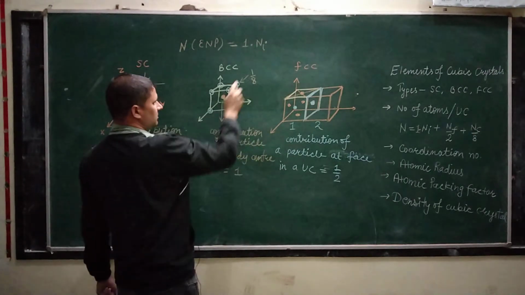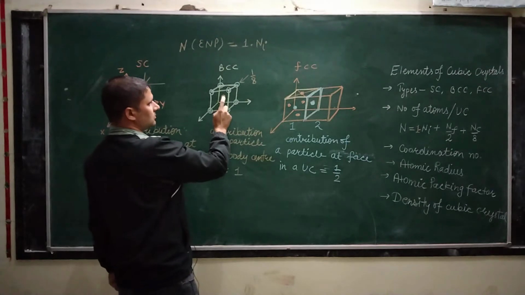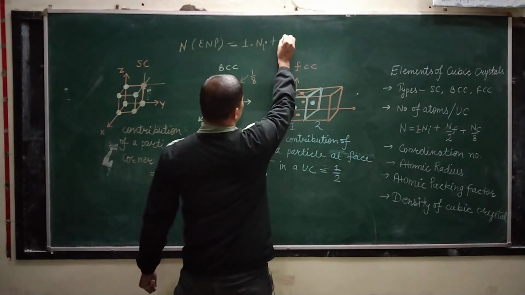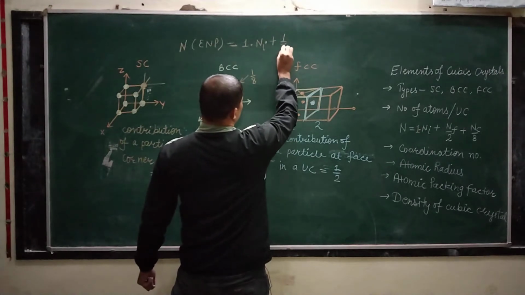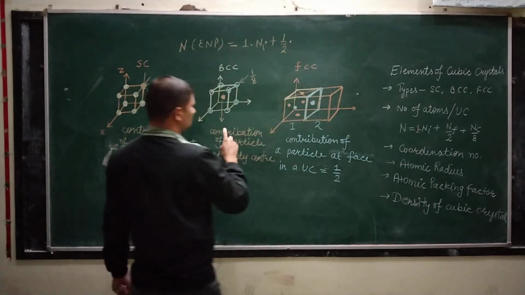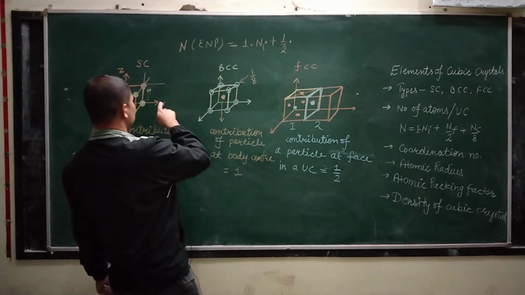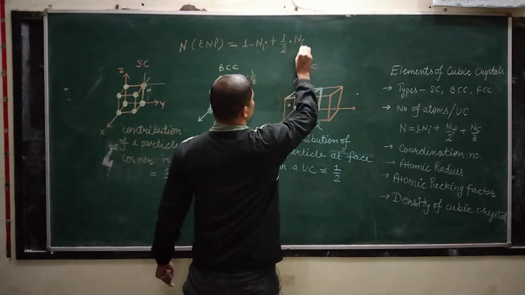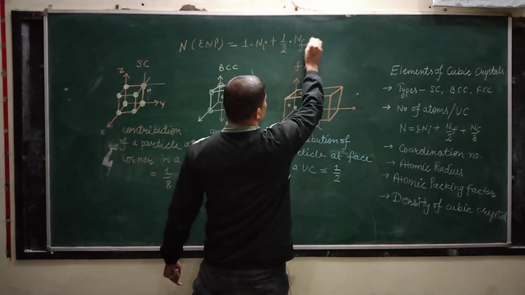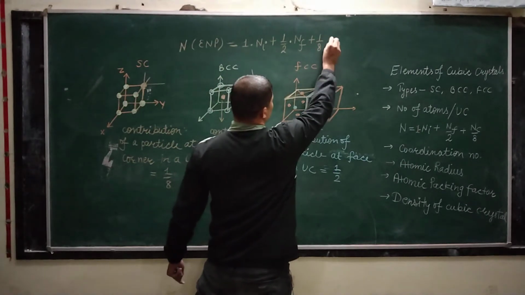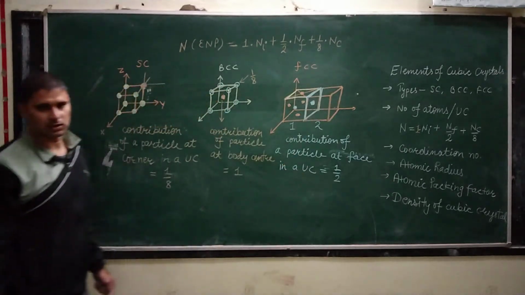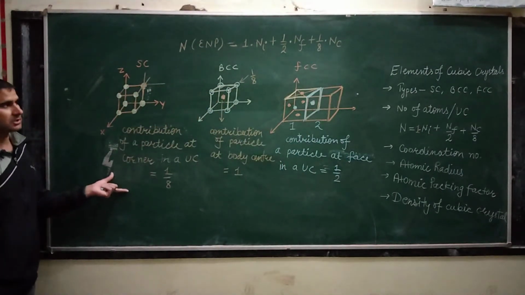Ni is the number of particles which are present totally inside the cell. Then 1 by 2 times the number of particles which are present at the face, so this is Nf, plus 1 by 8 times the number of particles which are present at the corner. Now come to this simple cubic.